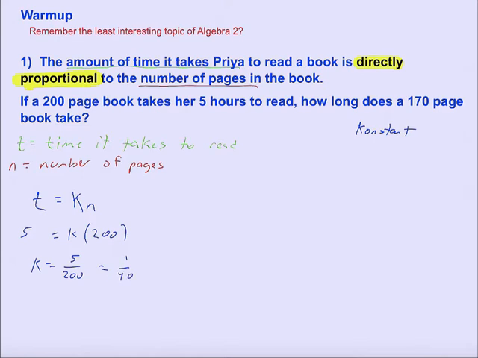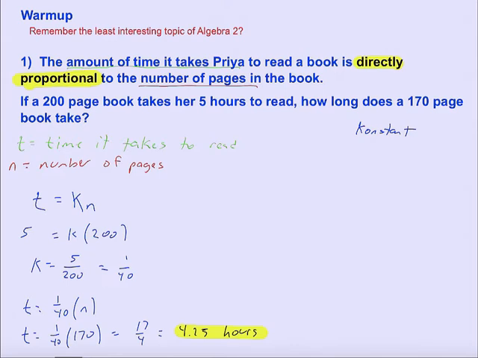And so then we can figure out how long it takes her to read a 170-page book, because T is equal to 1/40th times N. And so if we replace the N with 170, we would say that it takes 17 over 4, or 4.25 hours. Fantastic. All I want you to remember from what you learned earlier is this idea of direct proportionality.